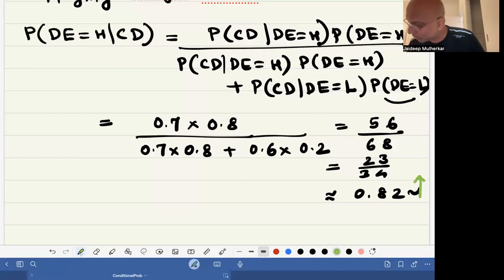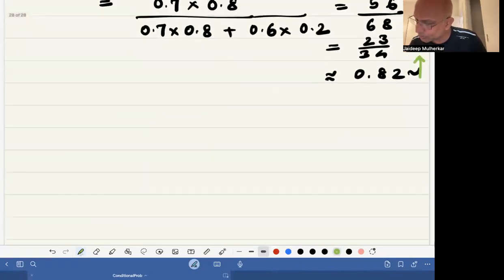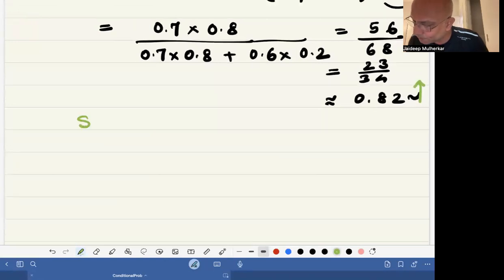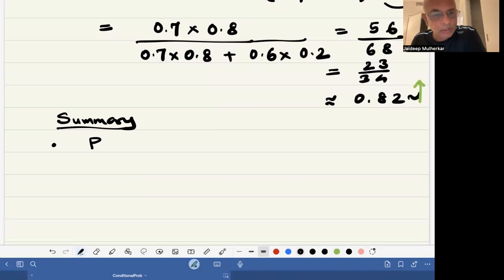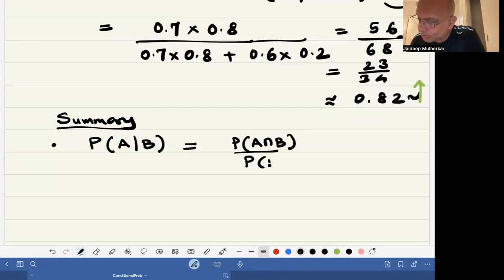So now let me just summarize what we did. We want to find out if two events are related, and we want to find the conditional probability of event A given B. This we found to be the probability of A intersection B over the probability of B, by looking at the reduced sample space.